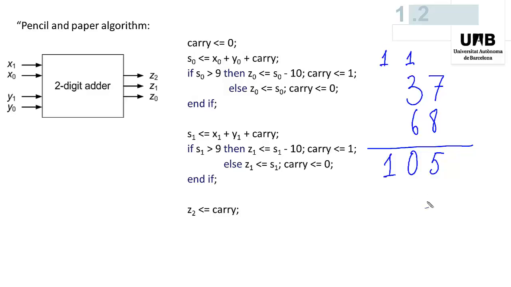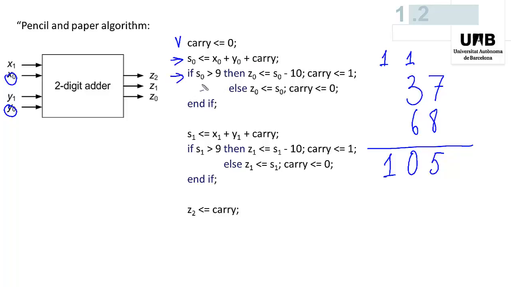So we can describe the working of the circuit by means of the following algorithm. The initial carry is 0. Then I add the three numbers: x0, the least significant digit of x, y0, the least significant digit of y, and a carry equal to 0.